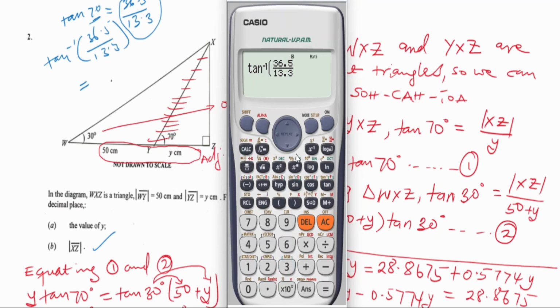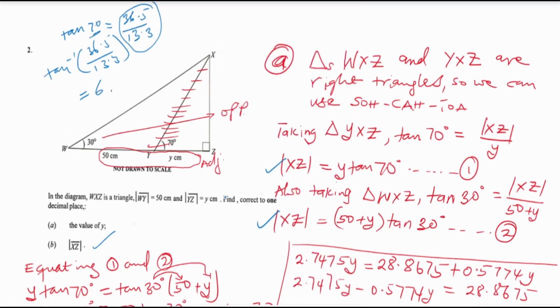I would like to close my parentheses and then equals, all right, that is 69.98, which is approximately 70 degrees. Remember, all these numbers are approximations. So if we used the full number, we should get exactly 70. So that means both the y and the XZ are correct.